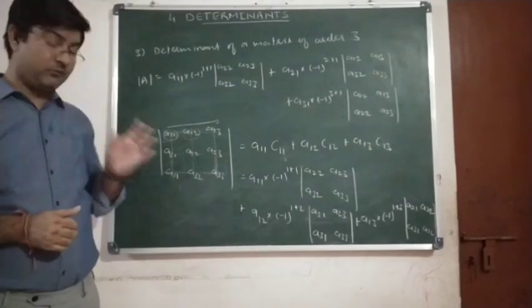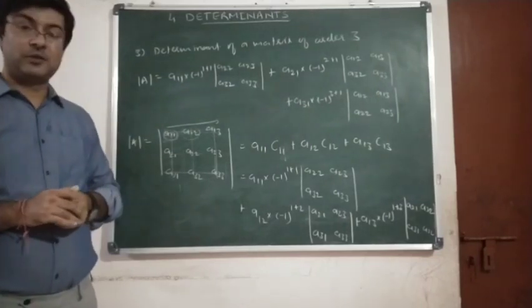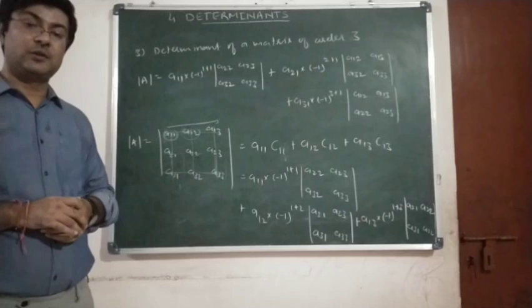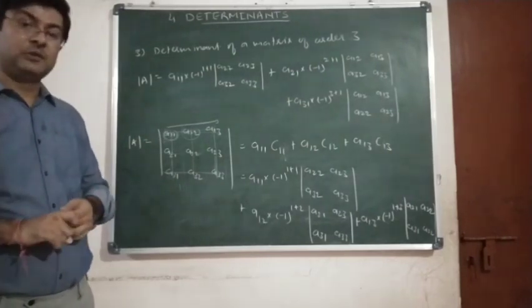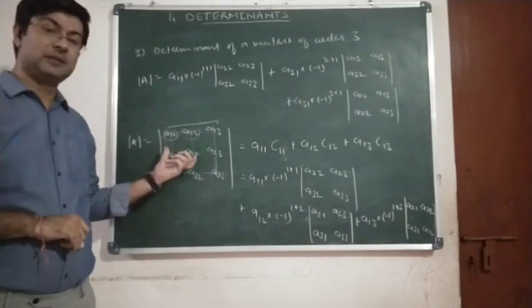So I hope you have understood how to expand or how to find the value of a determinant of order 3. Okay, now let us take one example so that you can understand this clearly.